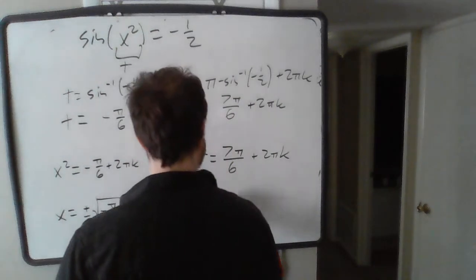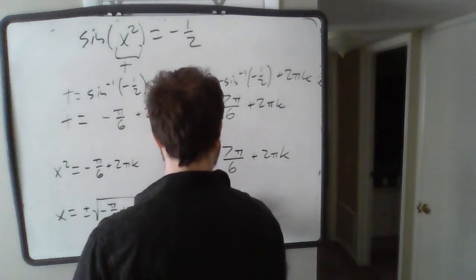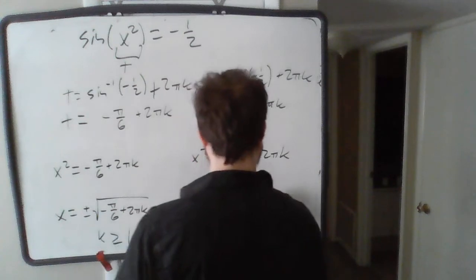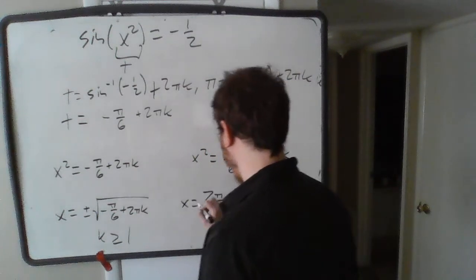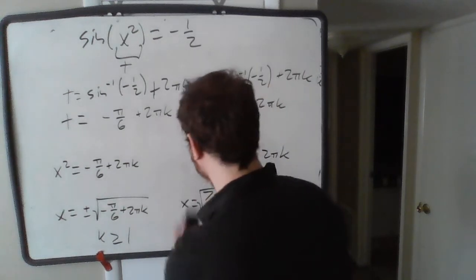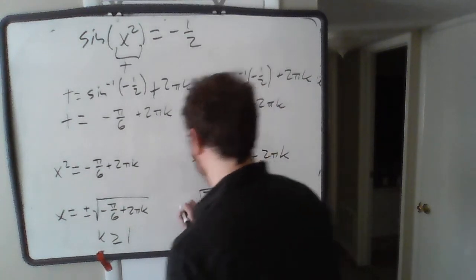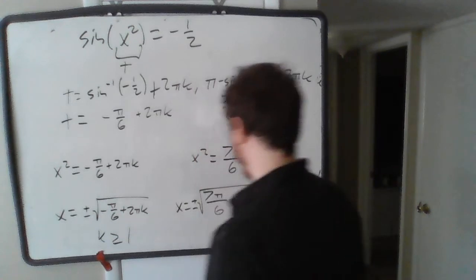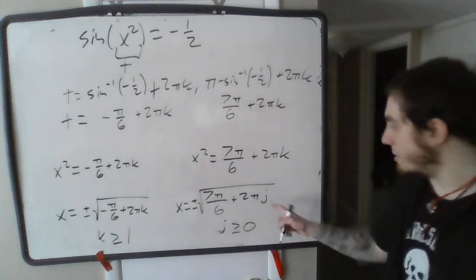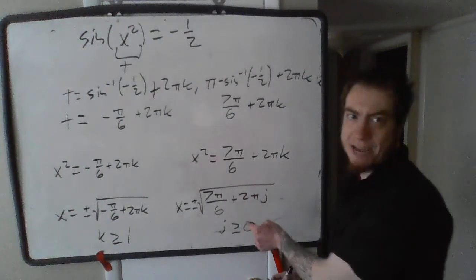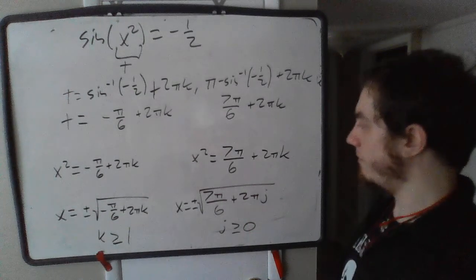Or we could have x equals plus or minus the square root of 7 pi/6 plus 2 pi j. Let's call this j. I did not leave myself enough room to write it. And j needs to be bigger than or equal to 0, because otherwise, again, I'd be taking the square root of a negative number.